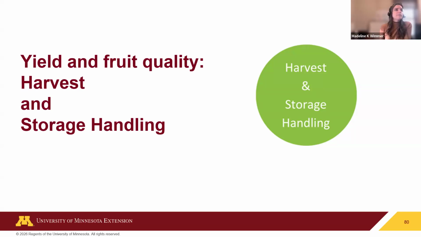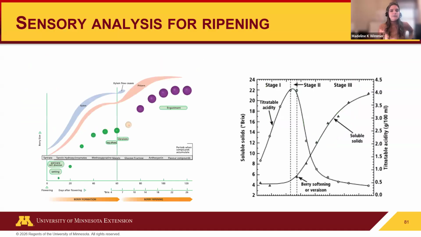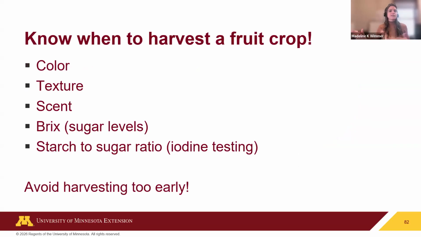Again, so thinking about harvest and storage handling is this next part here. So as fruits begin to ripen, basically their sugars start to build up and their acids decrease while they start to soften and those aromas start to come out and the flavors really increase. And so this is the part that you've really worked hard to get to.